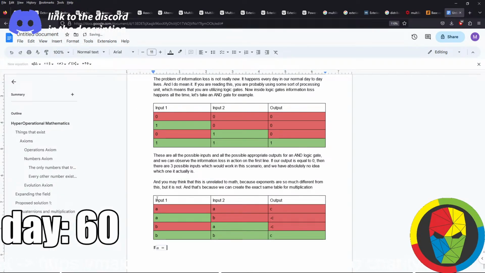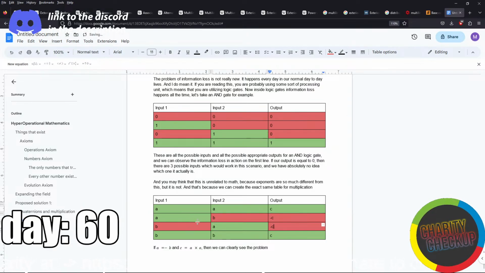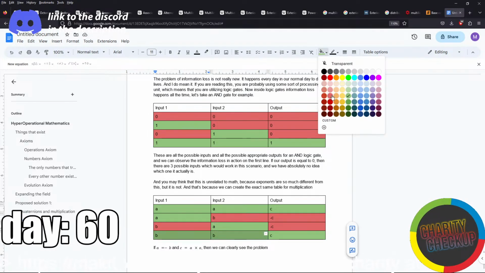If A is equal to -B, and C is equal to A times A, then we can clearly see the problem. All right, I have to fix these colors, they don't make sense. This should be addition, because these are positive, these are negative, and these two also should be negative.